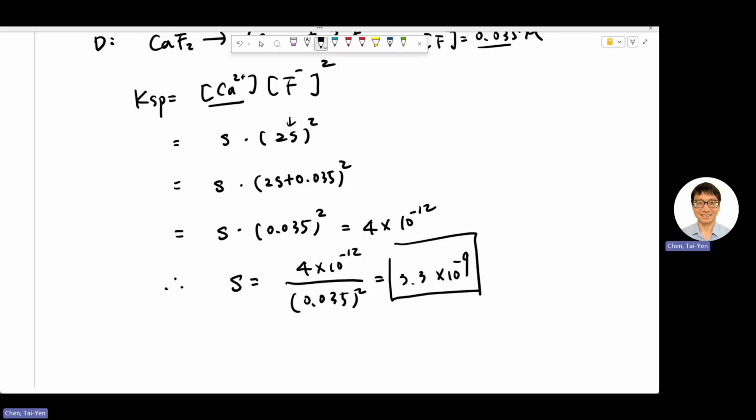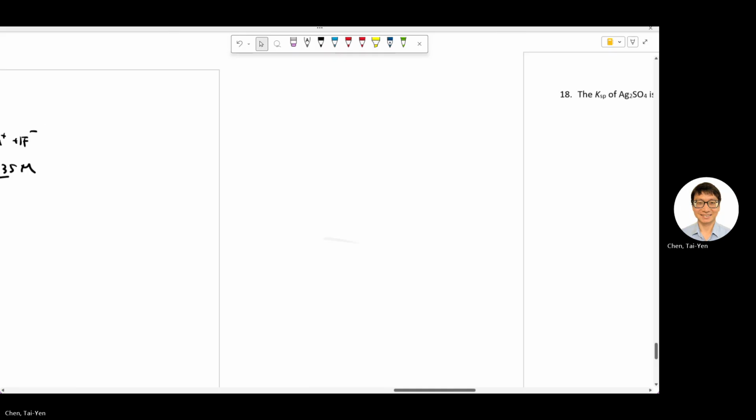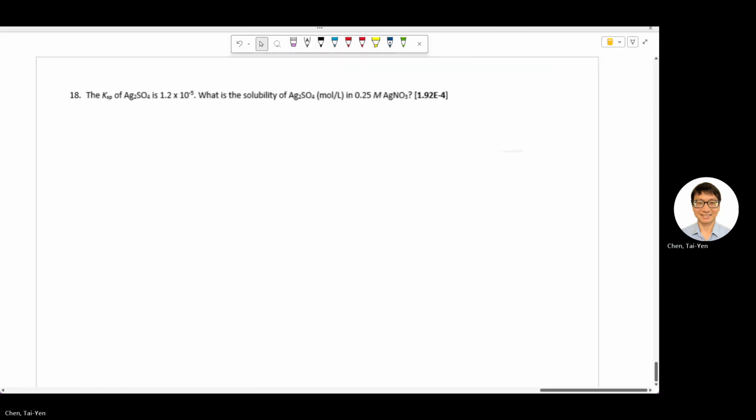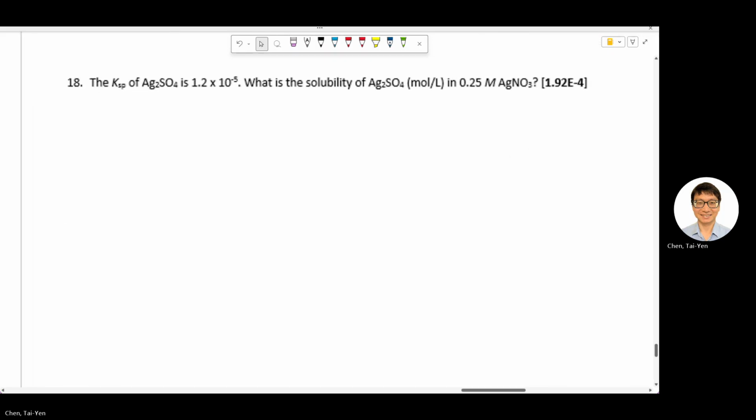All right, this is actually for question 17. Gosh, I have 2 more. This is exactly the same question. The KSP of Ag2SO4 is 1.2 times 10 to the negative 5. What's the solubility of Ag2SO4 in 0.25 M AgNO3? Again, who is your insoluble salt?